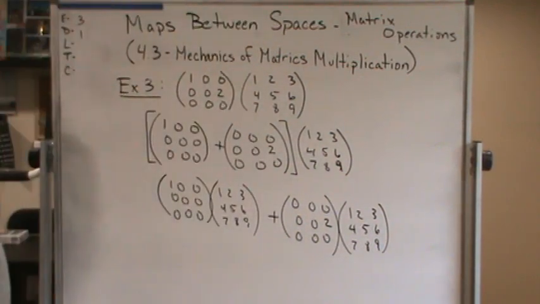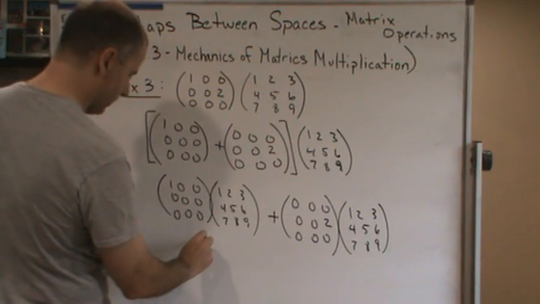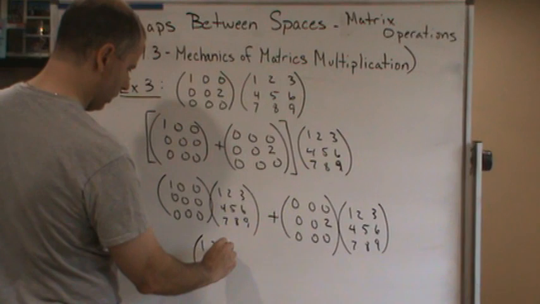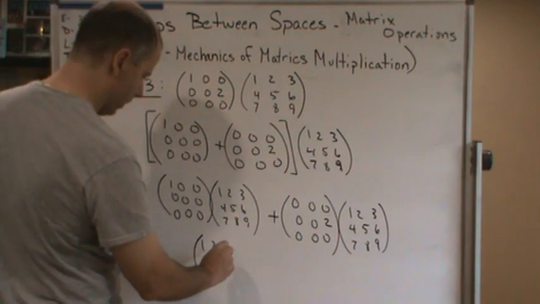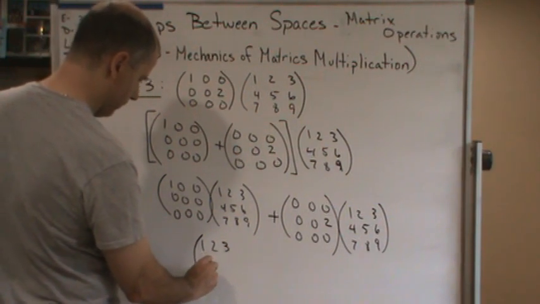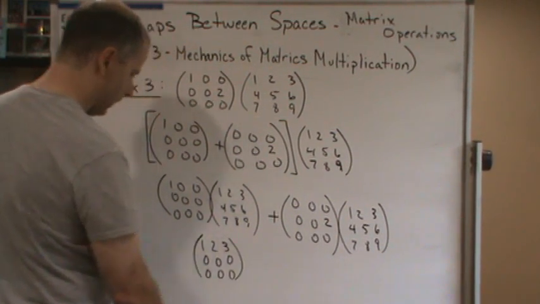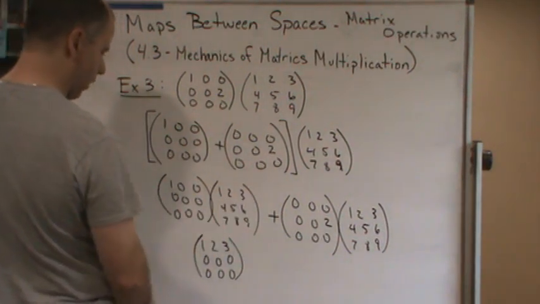Like so. So now we know this is going to result in what? It's going to result in 1, 2, oh, hold on a second. Yeah. 1, 2, 3. Like so. So all it did was repeat the first row.